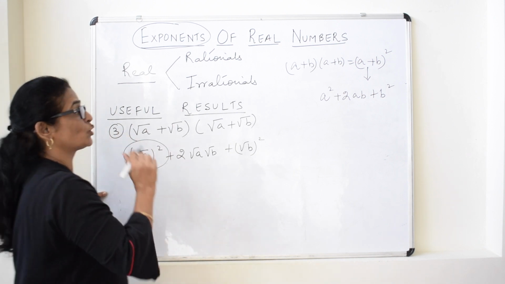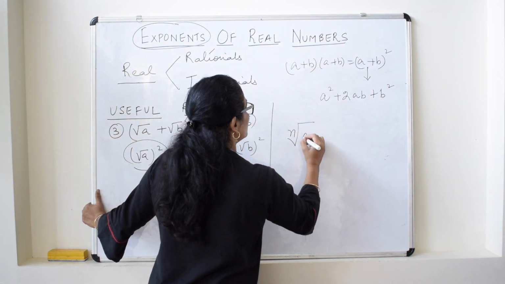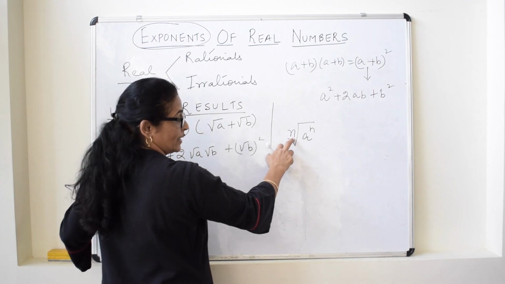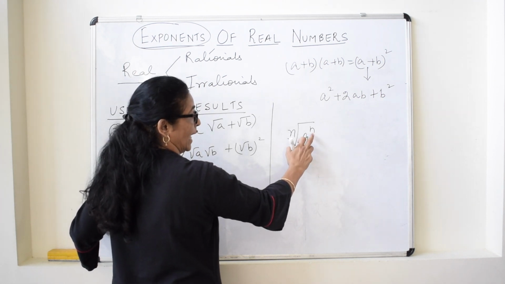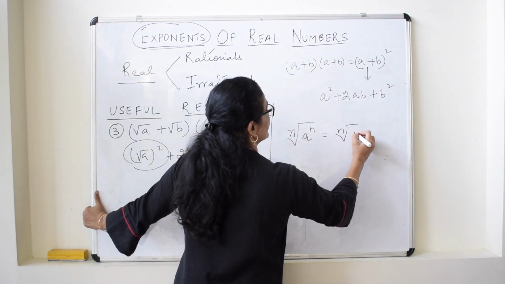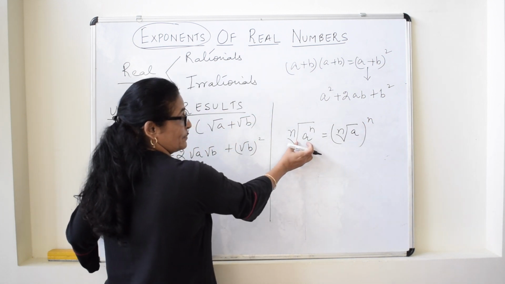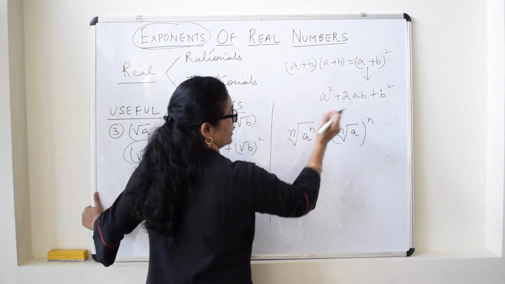Under root of a square. One rule says same root and same power. This is called nth root of a to the power of n. Either we write it like this or we write it like this. It's the same thing. This is based on the third law of indices, power to the power.